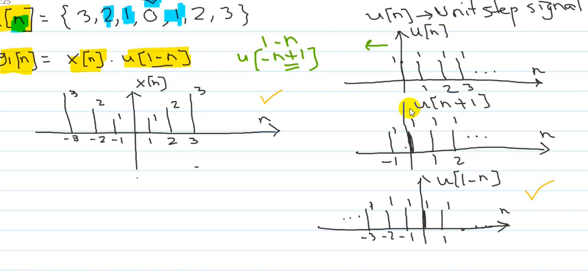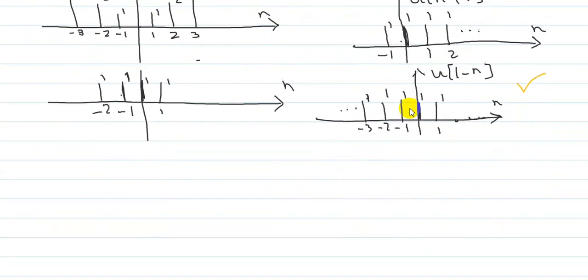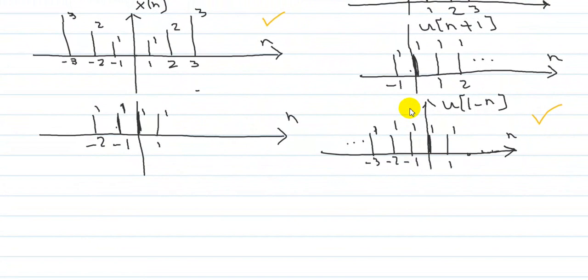Basically, at 1 I have 1, at 0 I have 1, at minus 1 I have 1, at minus 2 I have 1, and at minus 3 I have 1, and it will move on the left side.